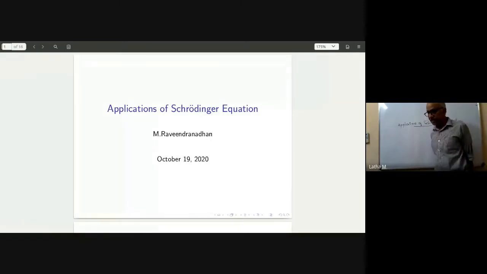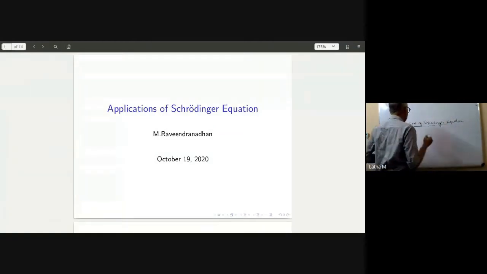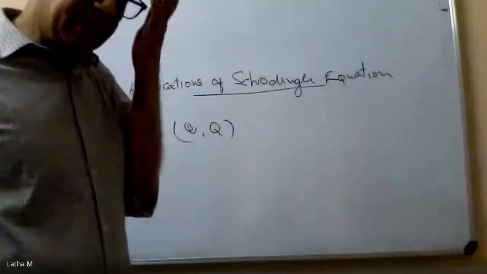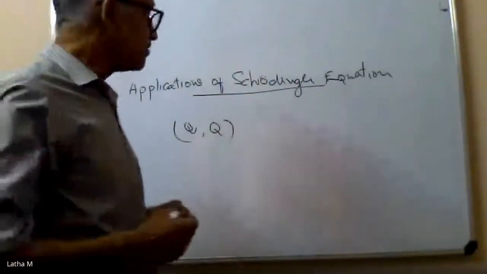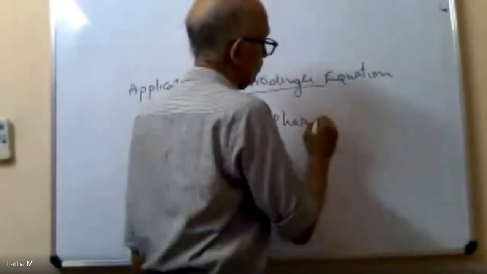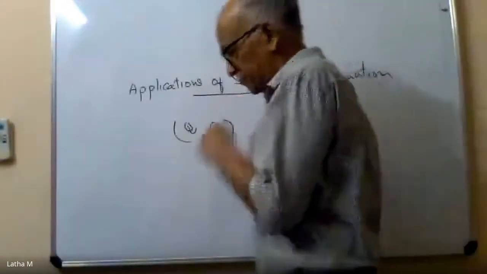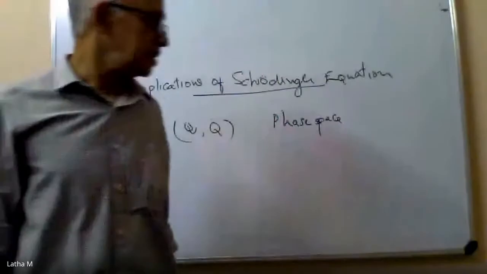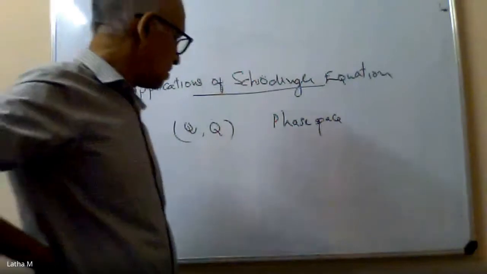From solving the Euler-Lagrange equation or the Hamilton's equation, what we are getting is two quantities, q and q dot, and this is a point in phase space. q is the coordinate and q dot is the momentum.